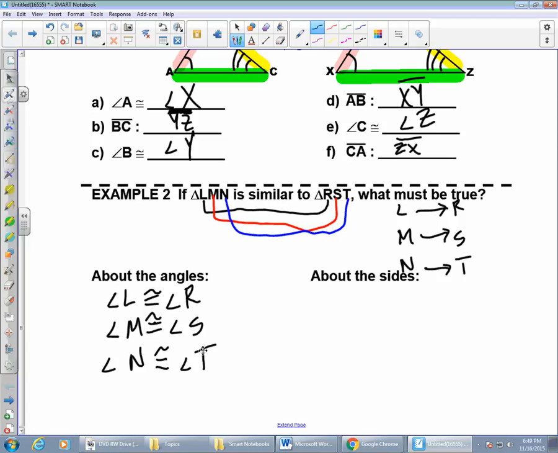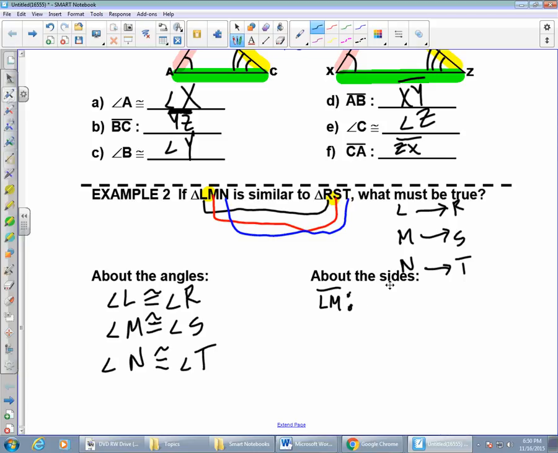All right, so what do I know about the sides? The first two letters have to match the first two letters. LM has to match RS. So line segment LM is congruent to, oh sorry, not congruent. Line segment LM corresponds to line segment RS, and we'll just use a colon.